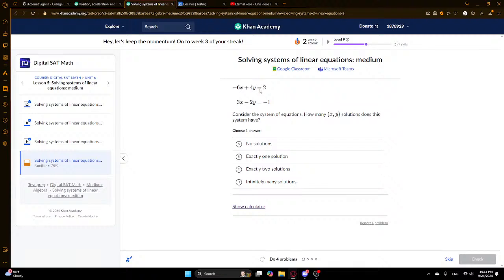Y equals 3 over 2x plus 1/2. We got negative 2y minus 3x minus 1 divided by negative 2. Y equals 3 over 2x.